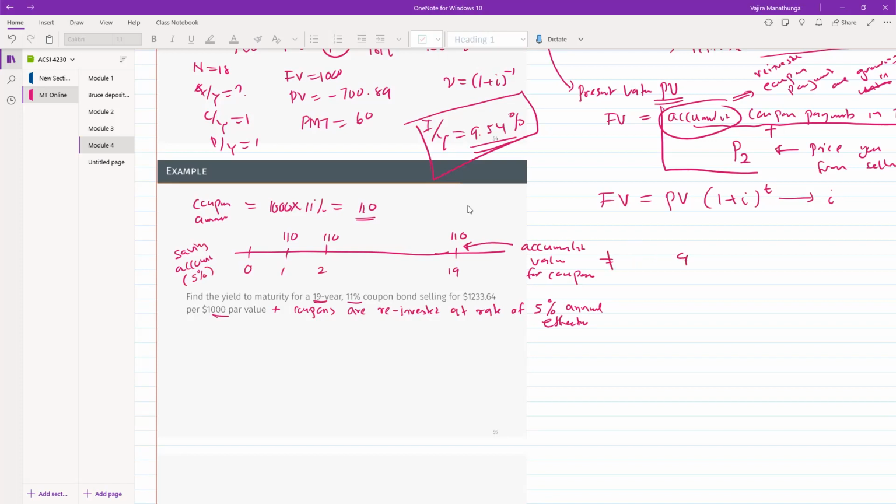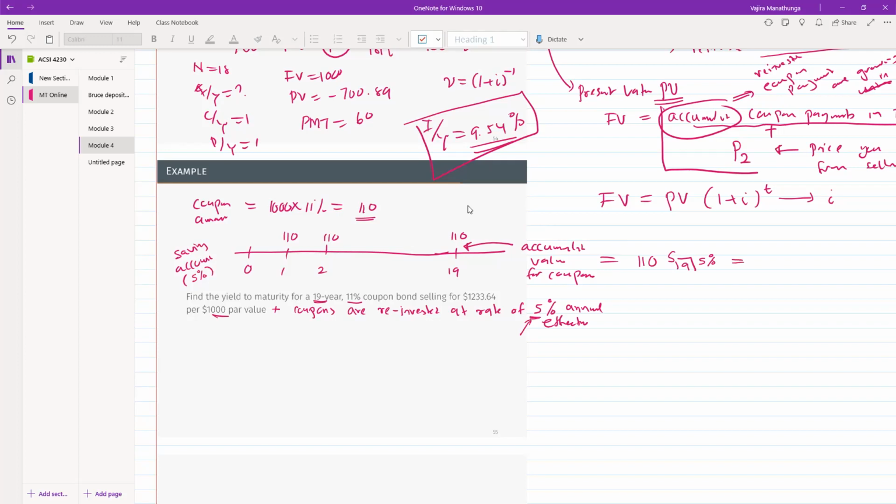Why? Because you are reinvesting, so that money is going to grow. So it's actually 110 times s-angle-19 under a rate of 5%. Okay, so here I said that it's going to be 5%. We are reinvesting.